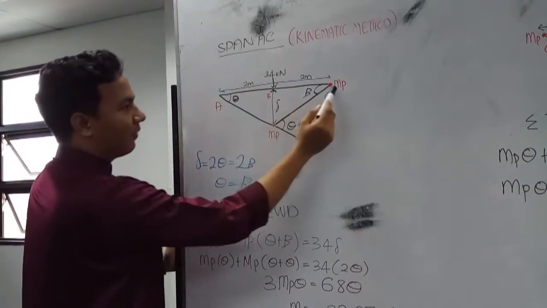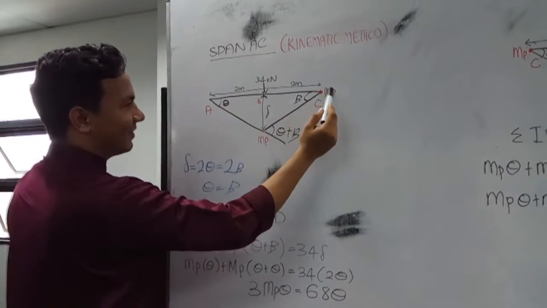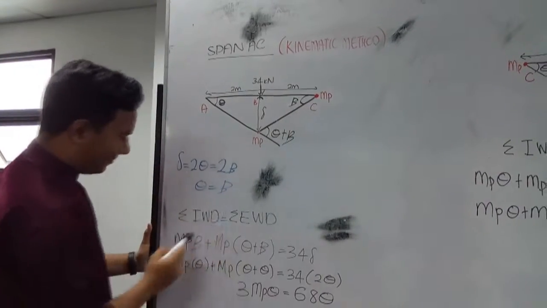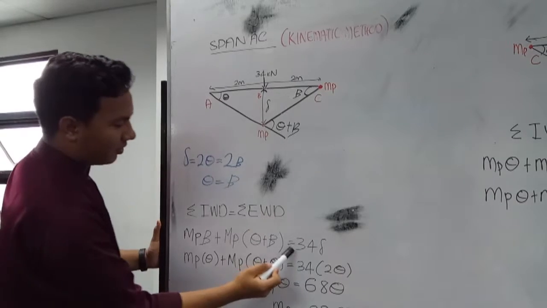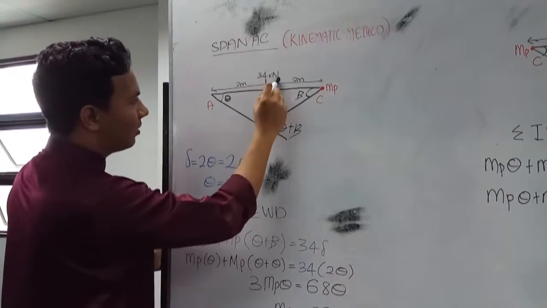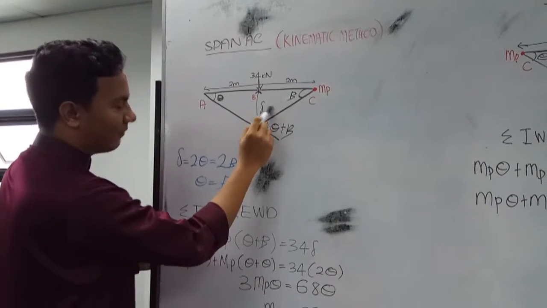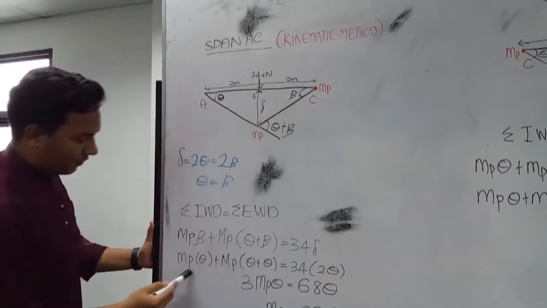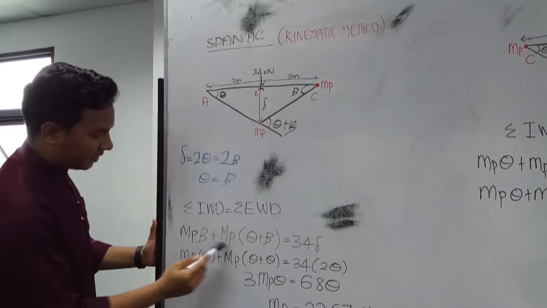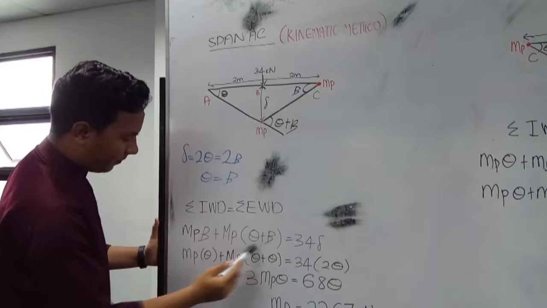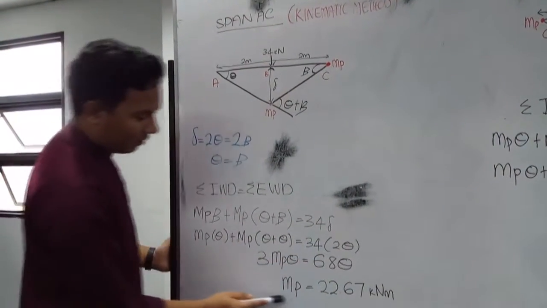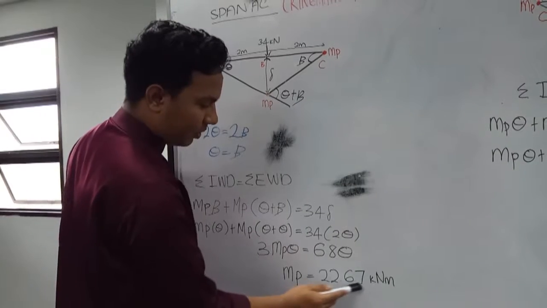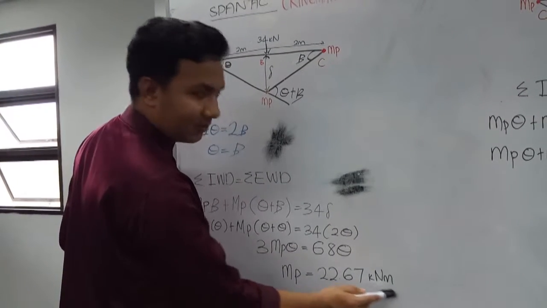So here we multiply MP with beta, and here MP with theta plus beta, and equal to external, that is the load times the deflection. So we substitute whichever you like, beta or theta, and we can get it like this. And finally, we can obtain MP equal to 22.67 kN/meter.